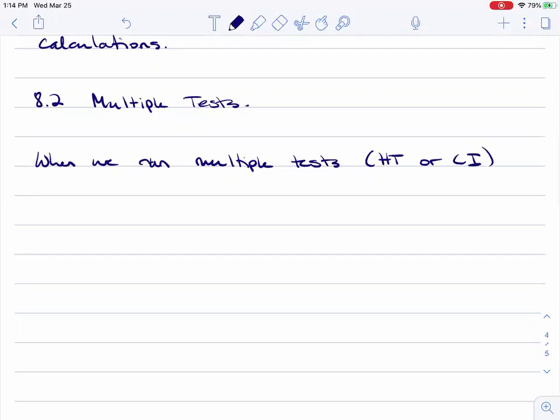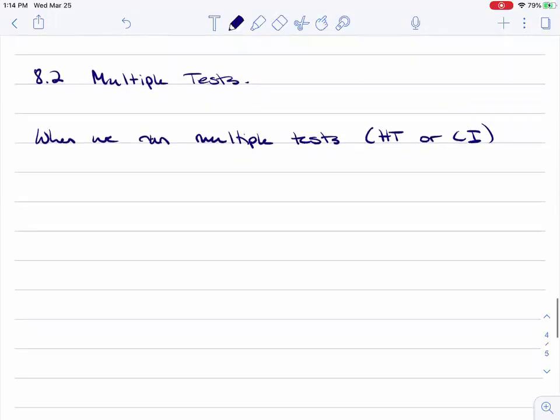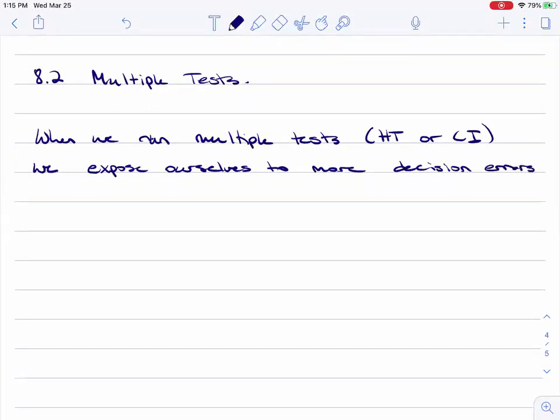Either way, we expose ourselves to more type 1 errors, right? Or I'll just say in general, we expose ourselves to more decision errors, right? And then what I'll do in brackets is I'll say type 1 or type 2.